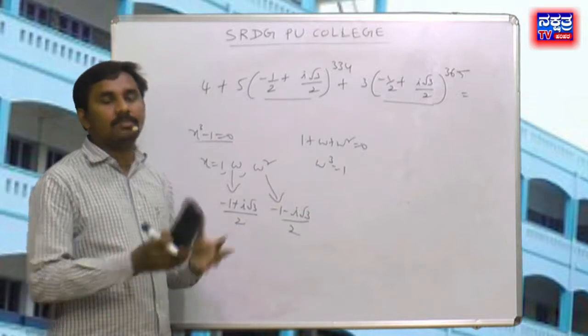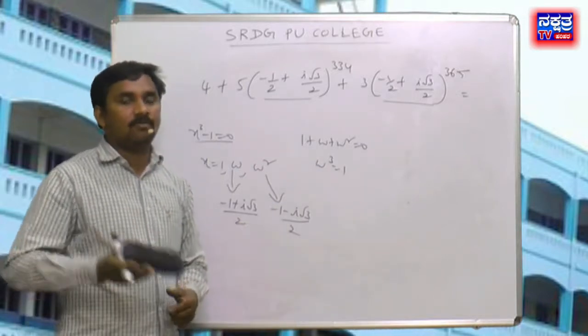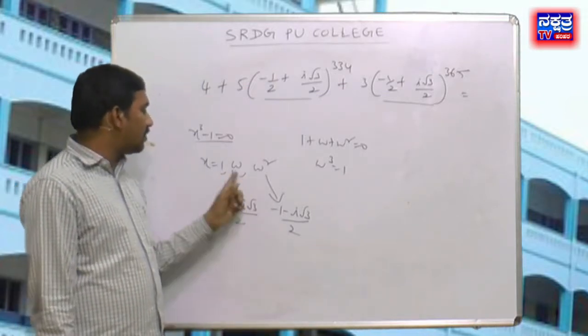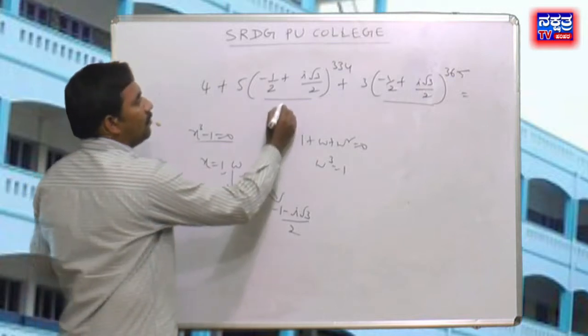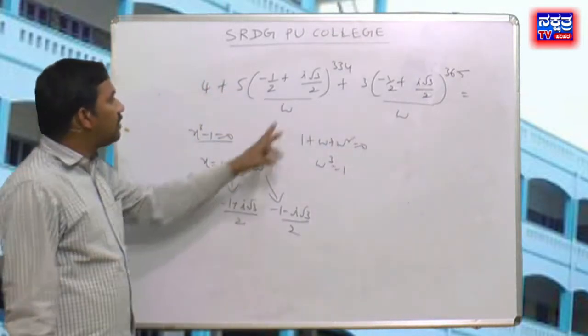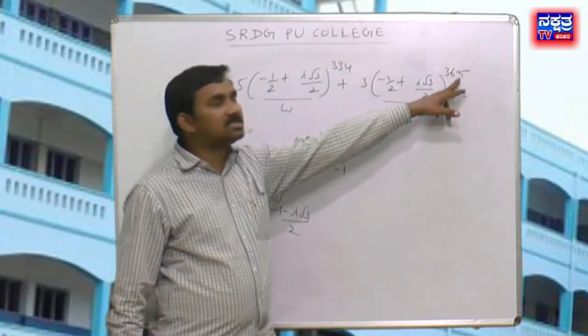Like this we can frame different properties. But omega cube is always 1, like i power 4 equal to 1. These are the cube roots of unity where these are the values of omega. So you can replace here omega and here also omega. Then it is omega power 334 and it is omega power 365.